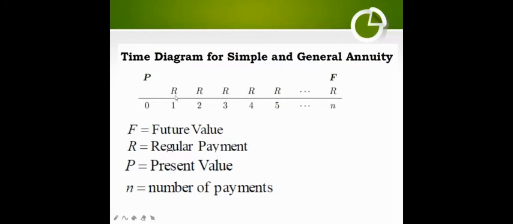Our R is our regular payment, so that is monthly or quarterly. N is the number of payments. For example, the first payment is our R, regular payment. The second payment, another R, regular payment. Third, fourth, fifth, and so on and so forth. So that is the number of payments sa baba.